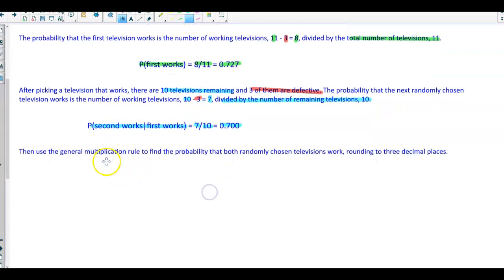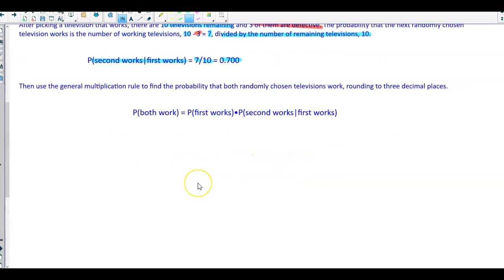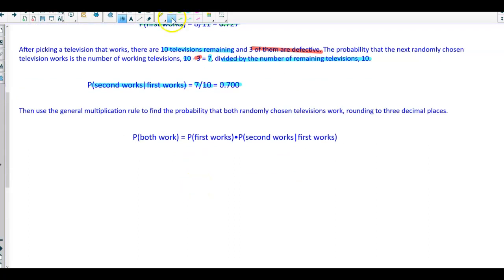Now we're going to use the general multiplication rule to find the probability that both randomly chosen televisions work, and then round to 3 decimal places. So here is our formula. We find that both work by multiplying the probability that the first works times the probability that the second works.